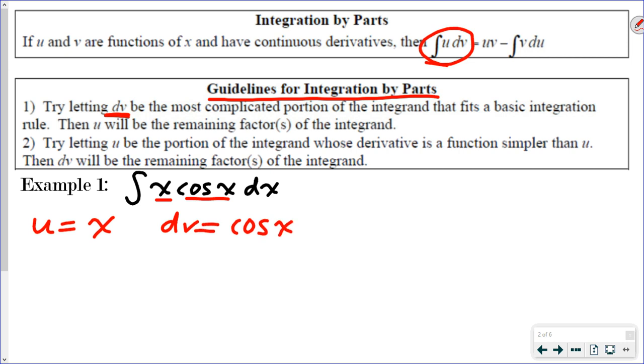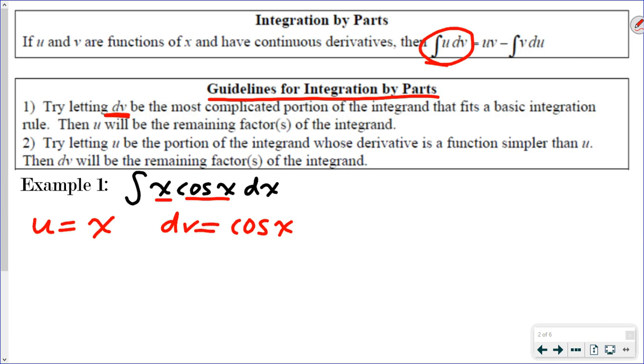Another way to think of it is to try letting u be the portion of the integrand whose derivative is a function simpler than u, and then dv will be the remaining factor of the integrand. In that case, if we let u equal x, the derivative of u is just equal to 1, and that's simpler than what we started with.